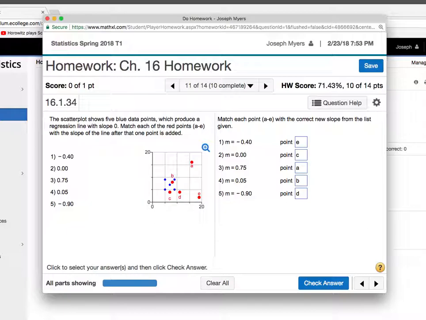Which one could be wrong? Okay, then the ones that might be wrong are D and E. Maybe.